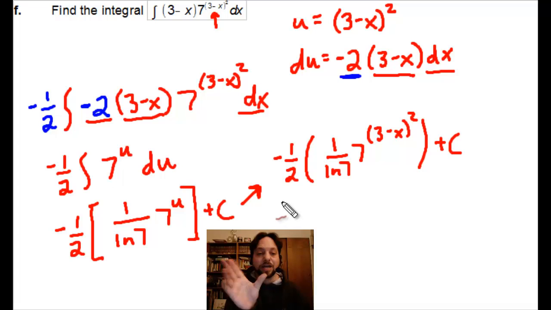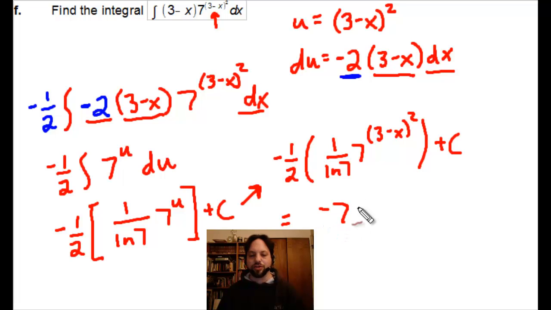Now if I want to, I can put all of this together even more than it already is. If I take this 7 to the ridiculous power and put it in the numerator, along with this negative 1, what I should get in the numerator is negative 7 to the quantity 3 minus x squared power.